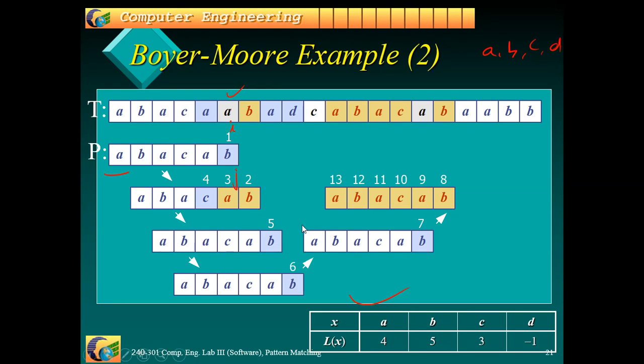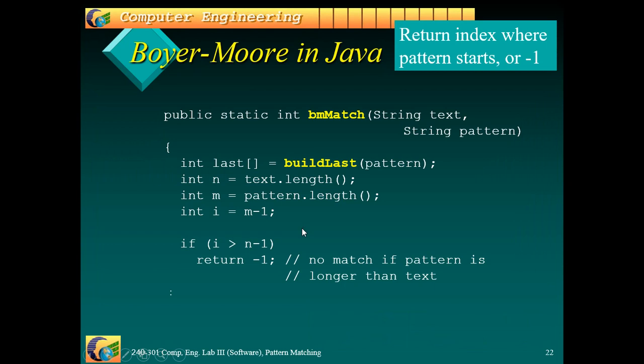You can see the algorithm from the algorithm point of view. In the Boyer-Moore function, build last is the function by passing the entire pattern. We are calculating the last occurrence values with the help of an array, and we are storing them in the same.